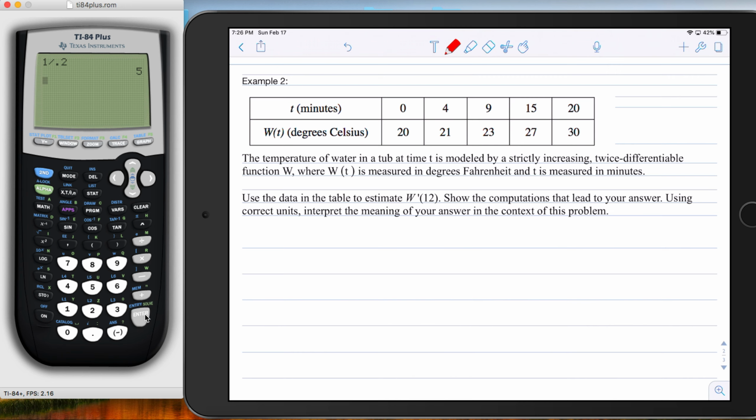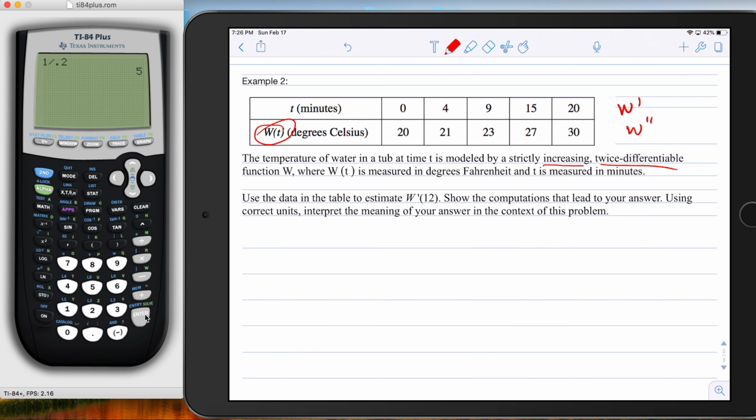Here we're given a table which represents the temperature of water in a tub, and it's an increasing twice differentiable function. That just means the temperature is rising over time, increasing, and it's twice differentiable, meaning that we can find a derivative and a second derivative, and they both exist.